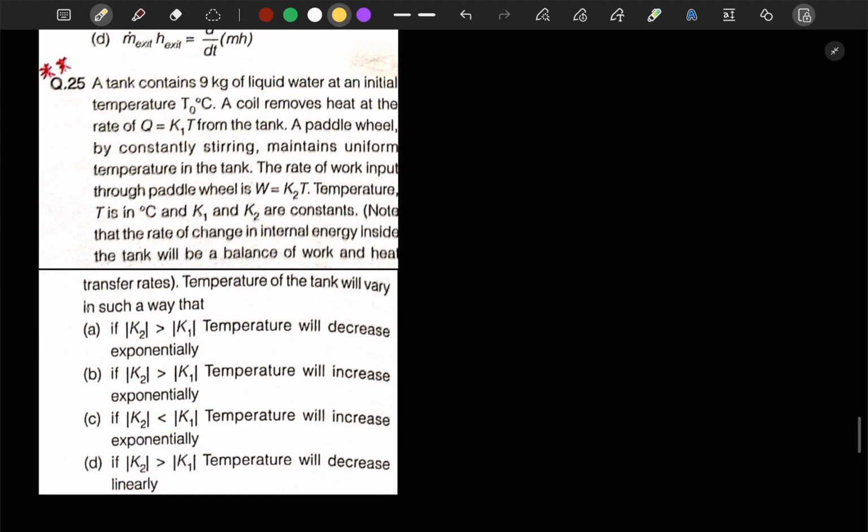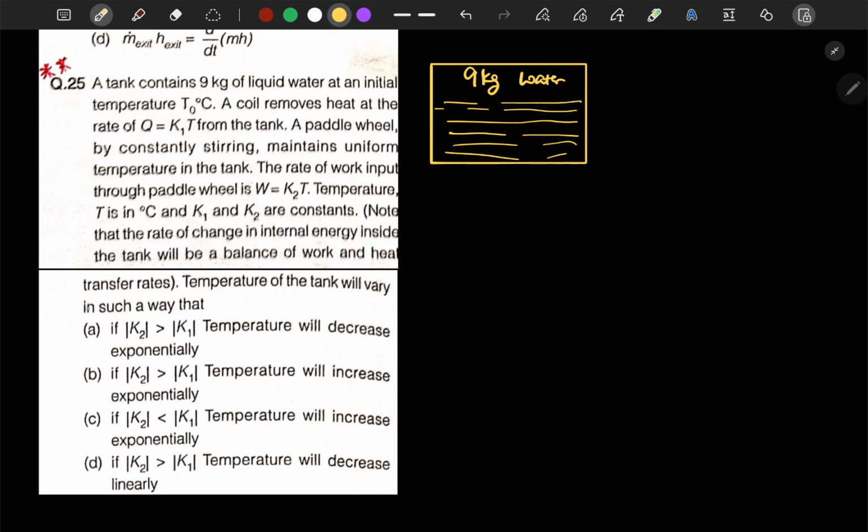A tank contains 9 kg of liquid water at an initial temperature T0 degree Celsius. A coil removes heat at the rate of K1 T from the tank. Let's first make a tank. So this is the tank, 9 kg water.